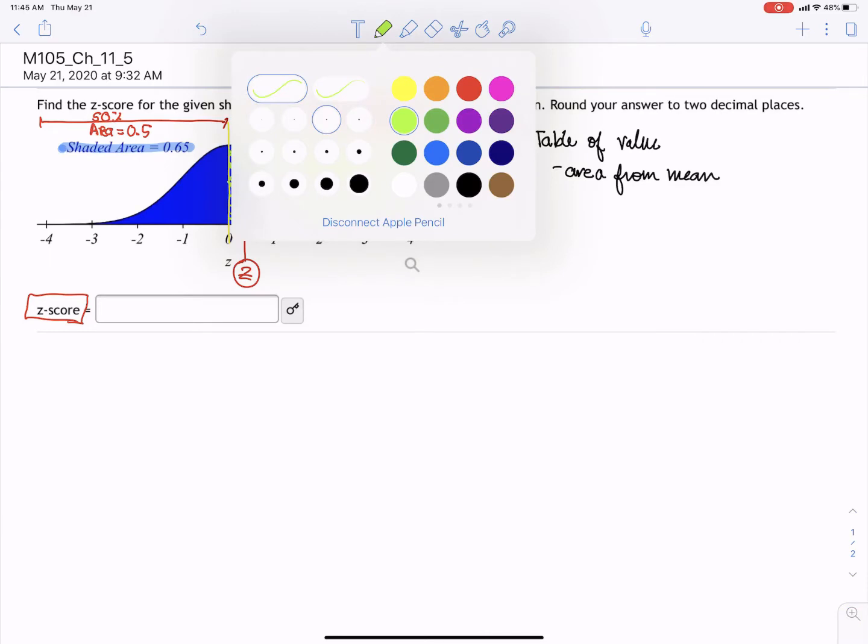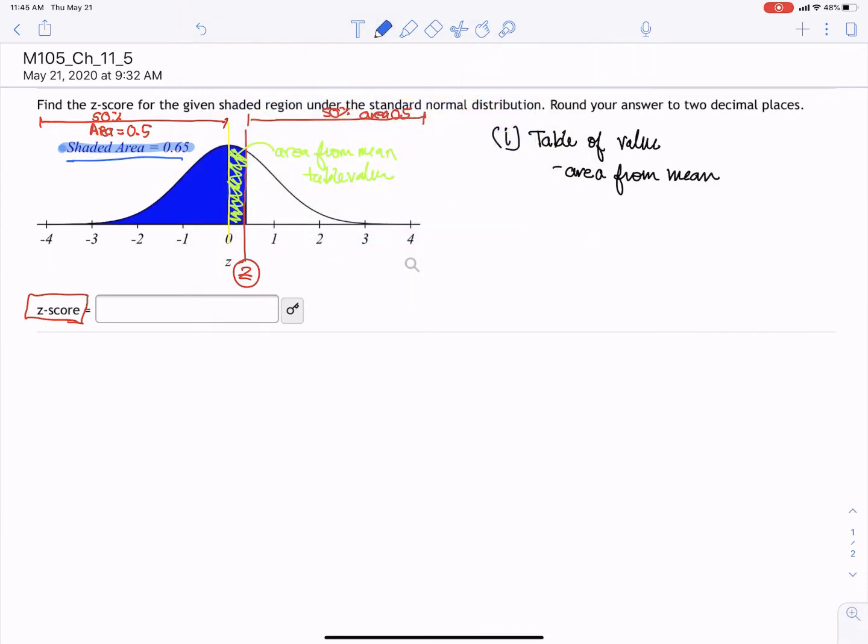But I do know a few things. I do know that they gave me that the area to the left of the z-score is 0.65. So if the area to the left of the z-score is 0.65 and the area to the left of the mean is 0.5, I could just subtract these two. The bigger area minus the smaller area would give me this middle area.